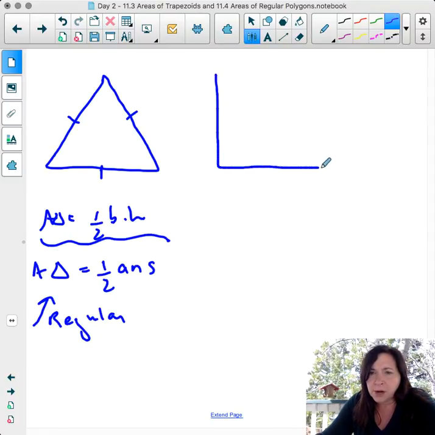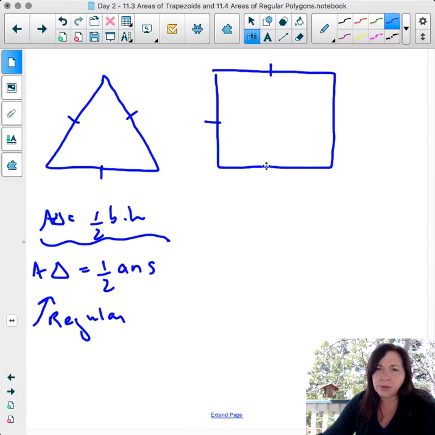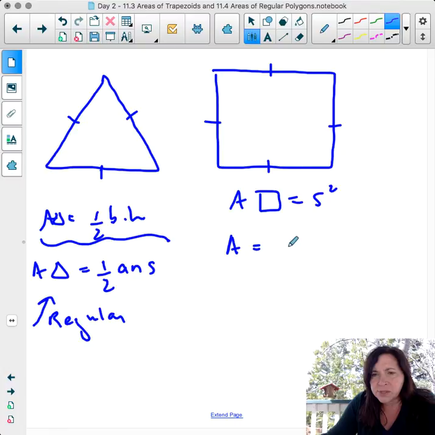For a square, we know that that's regular, because all sides are congruent. So for the area of a square, we can use side squared, but you could also use the area is equal to 1/2 A N S, meaning 1/2 my apothem. Remember, apothems come straight down like that.